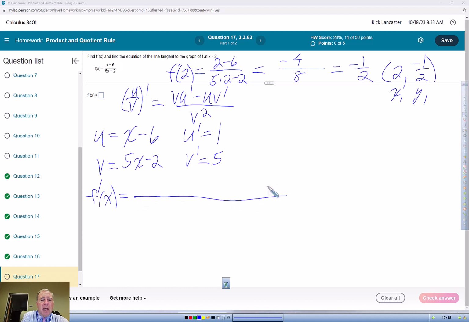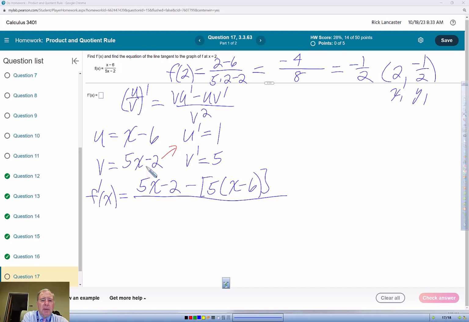So we need a big denominator, and the first thing I'm going to do is multiply that way. 5x minus 2, then minus, because that's part of the quotient rule, and I'm going to put in a grouping symbol so I remember to distribute the negative sign when the time comes.